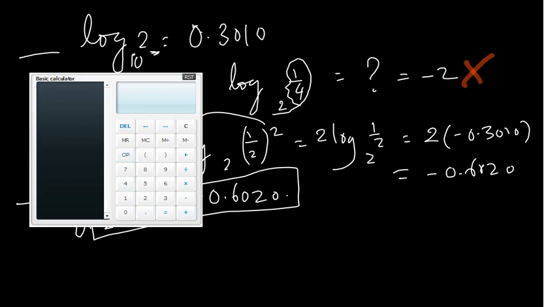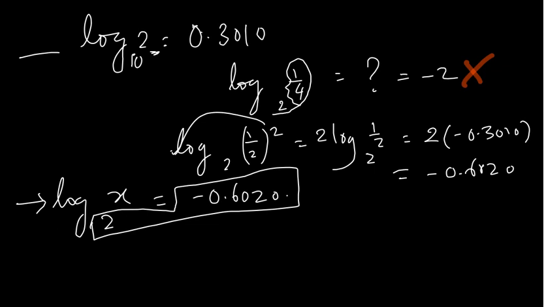This calculator is not. So how do we make sure that this is 2 to the power of something, then only we'll get it. Otherwise you have 2 to the power of minus 0.6020, and you got 0.65. Is it 0.65? Okay.